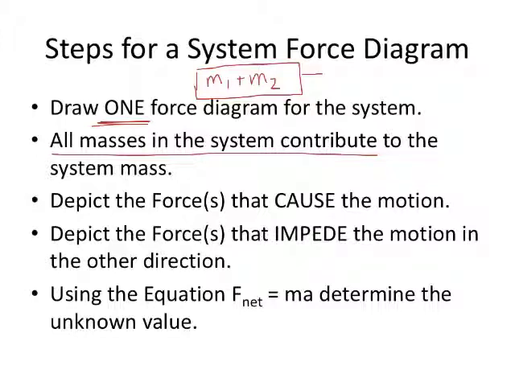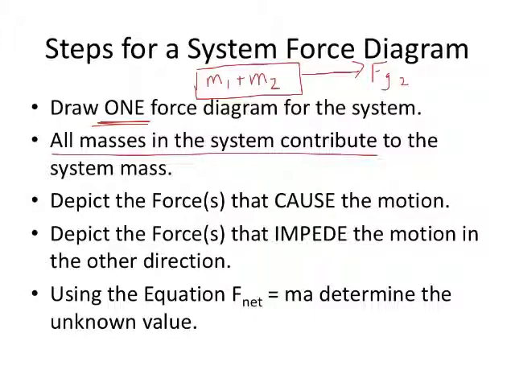Now, even though force of gravity points down, this whole system is moving, most of it, or at least the top mass, is moving sideways. So we're just going to stick with leaving our force that causes motion going to the right, like an applied force, but in this case, it's actually Fg2.